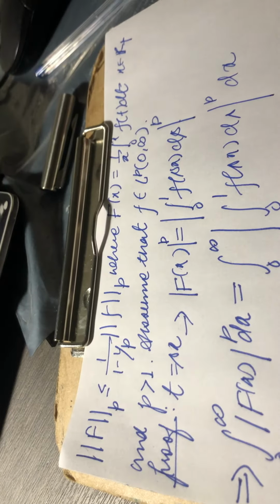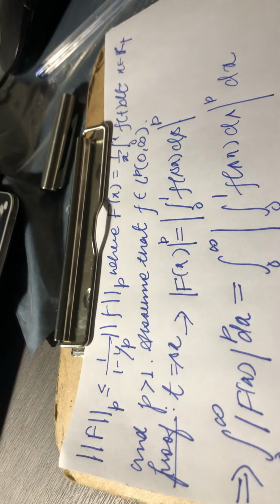So we'll use one substitution, which was given as t is equal to sx. With the help of this substitution, we can get that the capital F can be defined in this manner on 0 to 1. This is the beauty of this small substitution. And then what we did, we just took the absolute value and raised to the pth power.